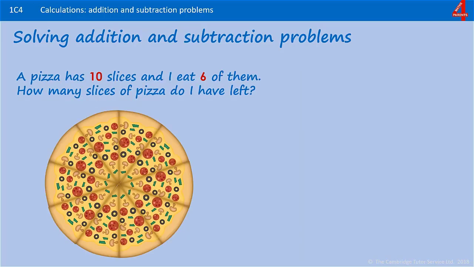Here's one for you to try. Using RUCSAC, pause the video, have a go. Start by reading the question. A pizza has 10 slices, and I eat 6 of them. How many slices of pizza do I have left?